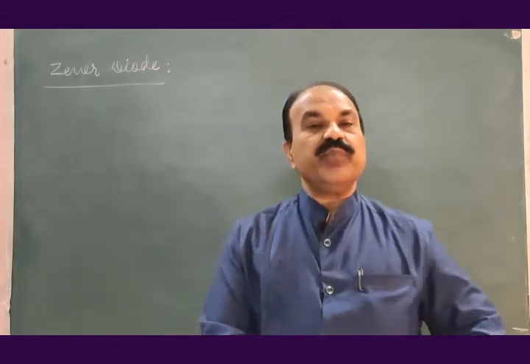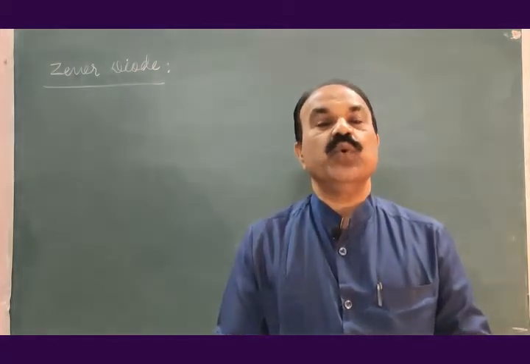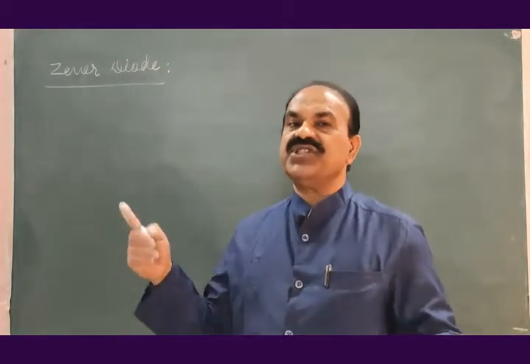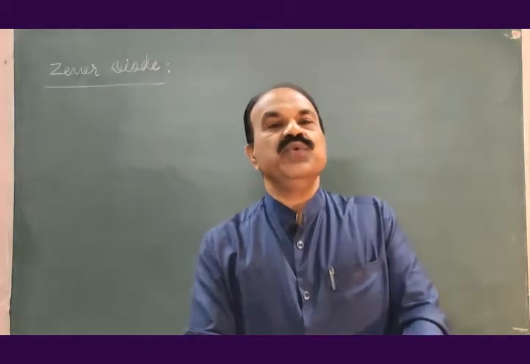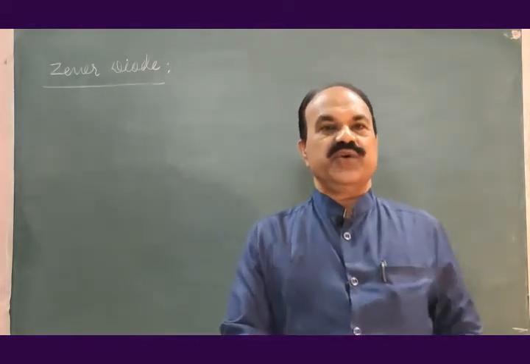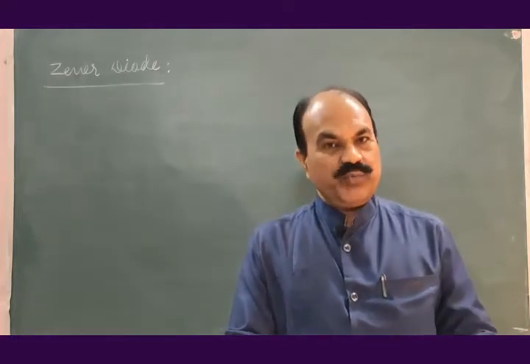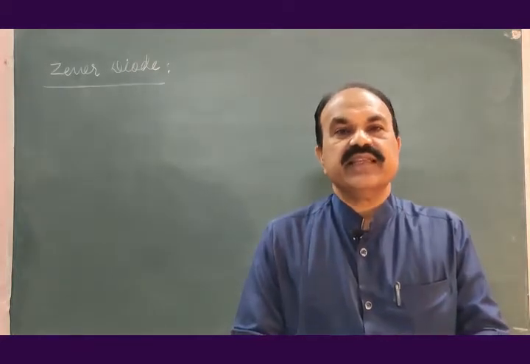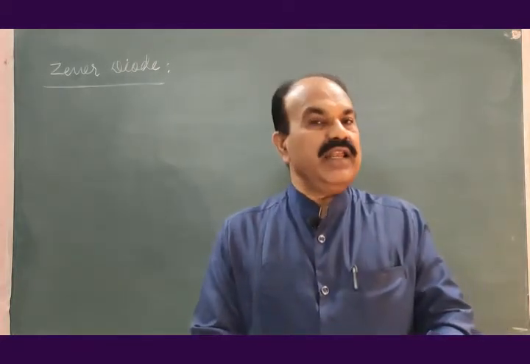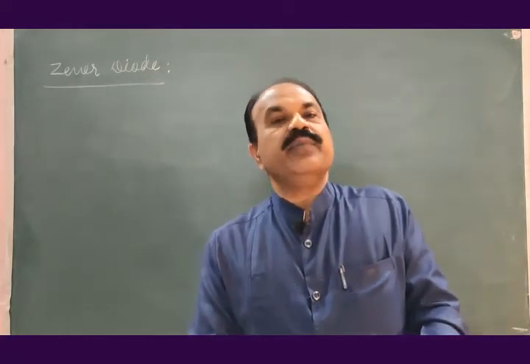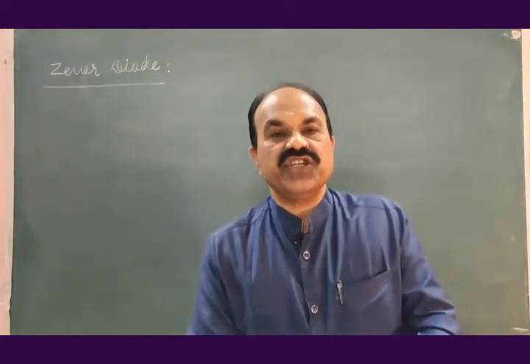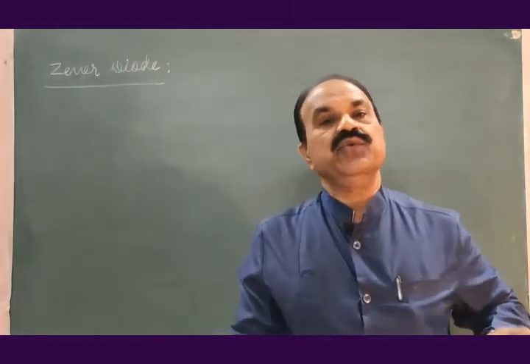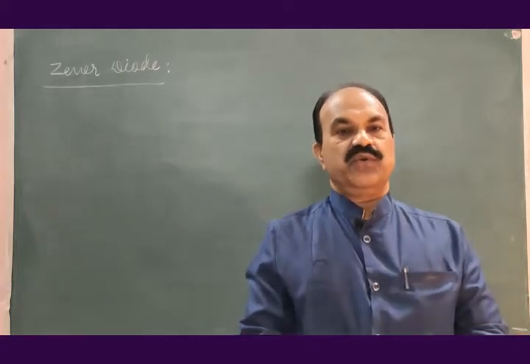The concentration of doping is much more. Doping level is much higher in case of Zener diode as compared to ordinary PN junction diode. As doping level is very high in Zener diode, the number of holes available in P region and number of electrons available in N region are very large as compared to ordinary PN junction diode.